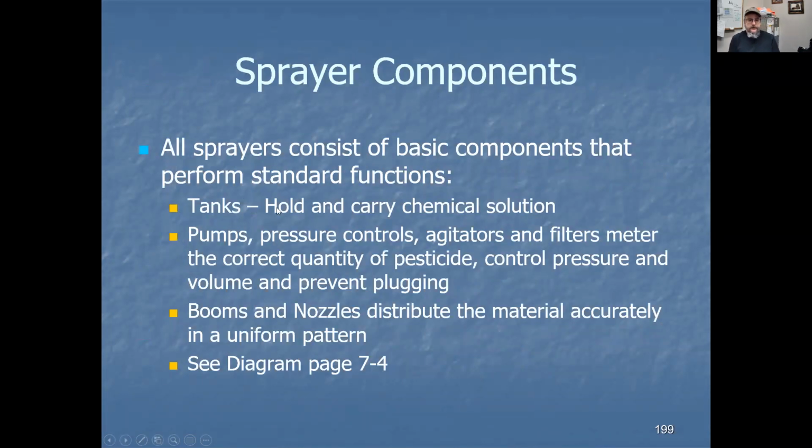All sprayers consist of basic components that perform standard functions. Tanks hold and carry the chemical solution. Your pumps, pressure controls, agitators, and filters meter the correct quantity of pesticide, control pressure and volume, and prevent plugging.